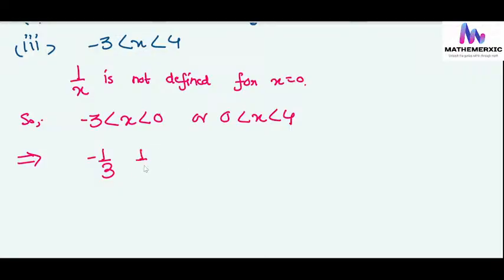So 1 by x is negative infinity, because something is negative, 1 by it will go to negative infinity.